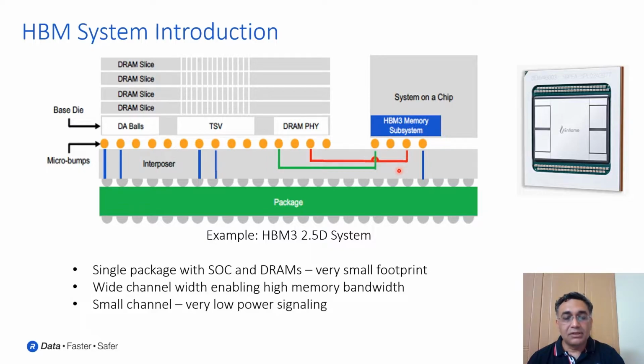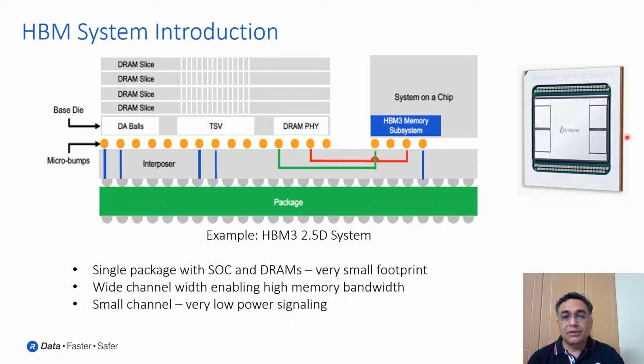So this is really a very wide bus. It has 1024 data signals, but there are several other control, command and address signals which communicate between the DRAM and the HBM. The system on chip die will also have micro bumps, and they will hook up with the micro bumps on the interposer. The bottom side of the interposer will be C4 bumps, and those will be mounted on the package substrate like regular 2D connections in a 2D package.